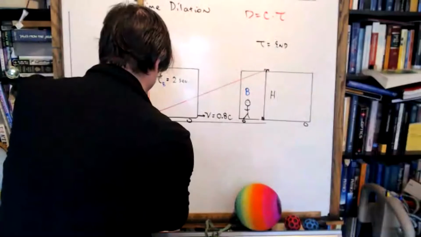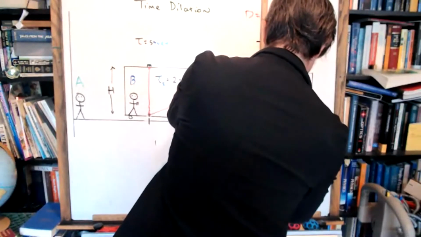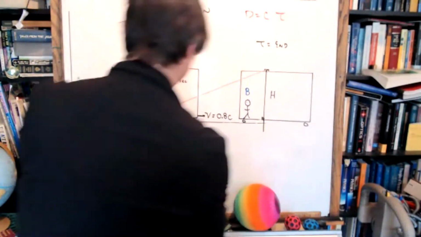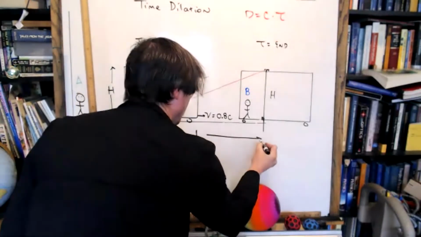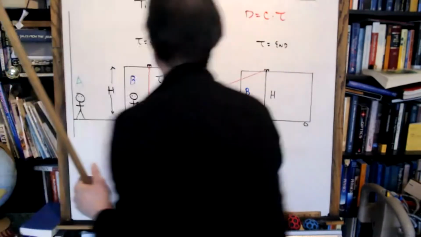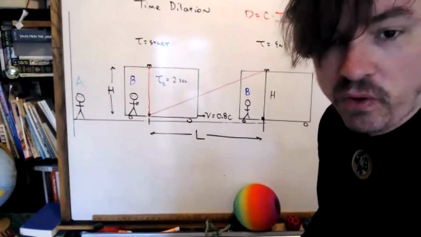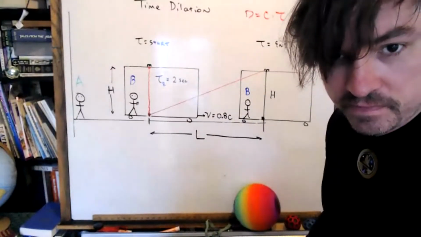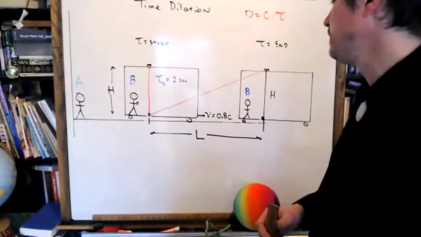This length of the triangle, from the laser beam at the start to the laser beam at the end of the experiment, I'm going to call this distance L. L represents the distance that the train car has rolled forward during the experiment from start to end.